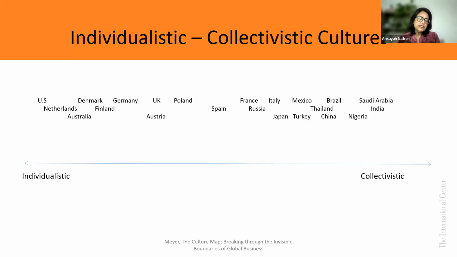So what this means is, if you look at the countries on the left-hand side of your slide, the individualistic cultures, these are cultures that put a lot of focus on the individual. So individuals are encouraged to be independent. Here in the US is one of the most individualistic cultures. And so we encourage our children to go out and be who they want to be.